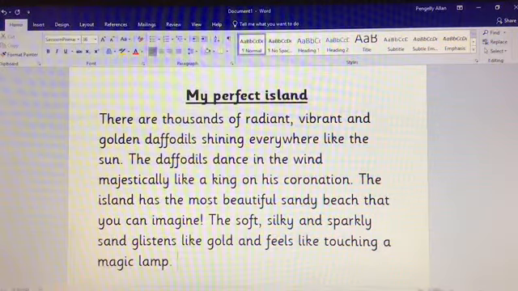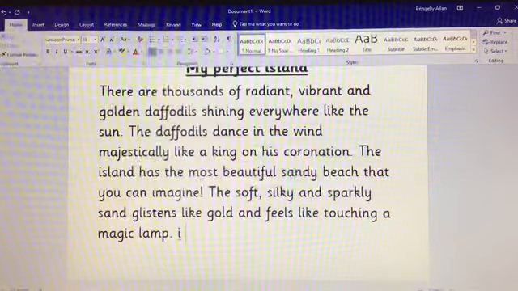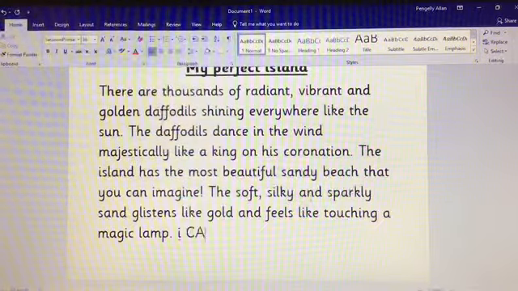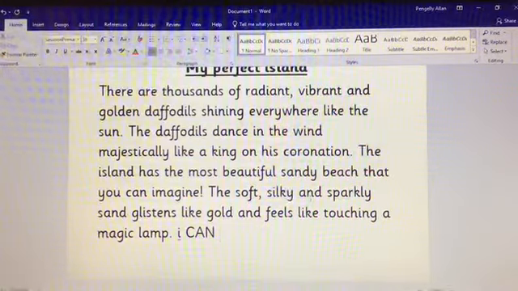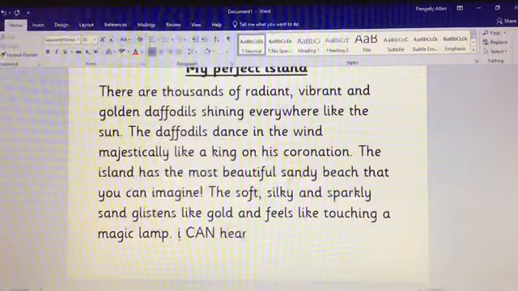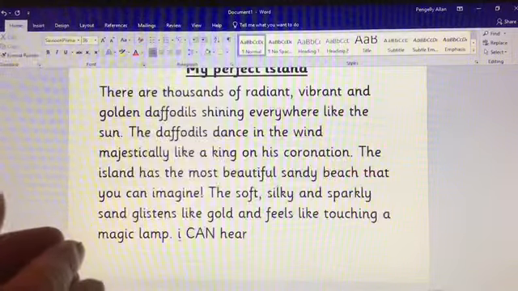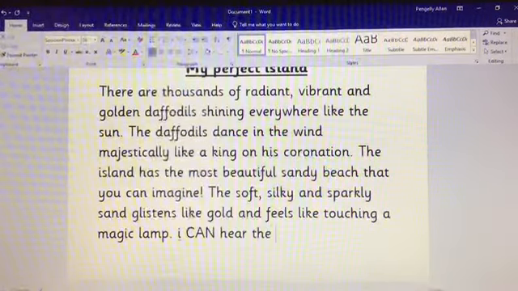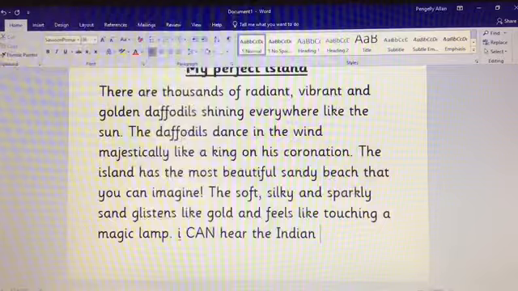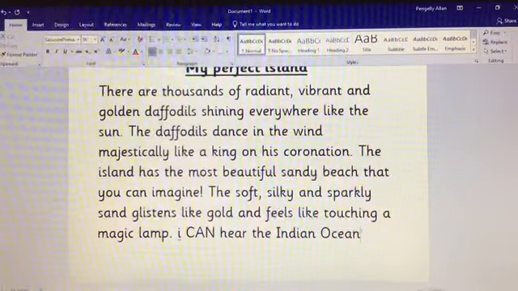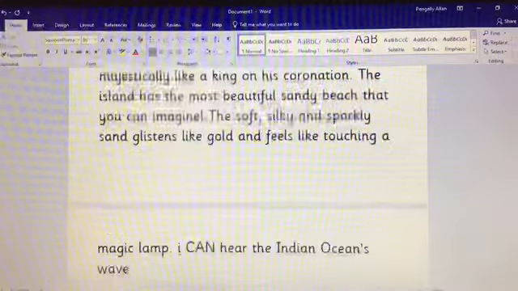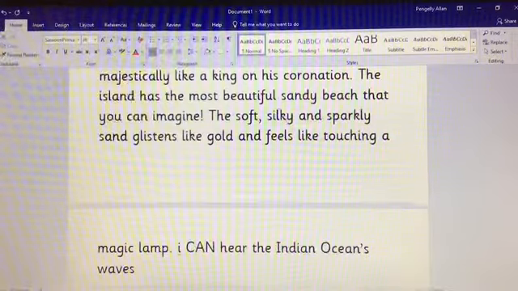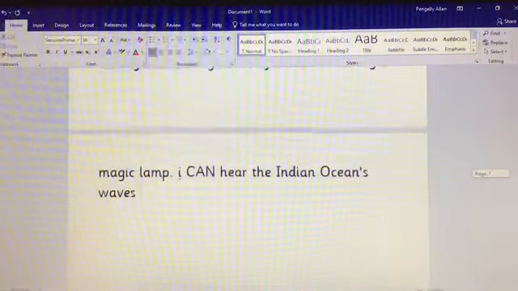Now I'm going to talk about the Indian Ocean. Can you think of any sentences about that using the ideas that we've already planned? Okay, now here's my sentence. Okay, so I can hear, because I want to use my senses a bit more now, I can hear the Indian Ocean's waves. Move this down a little bit.